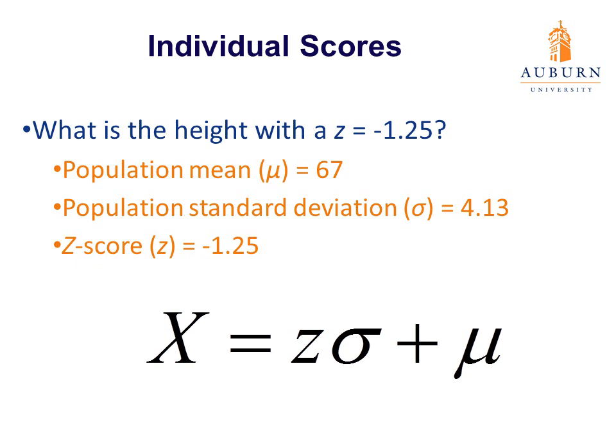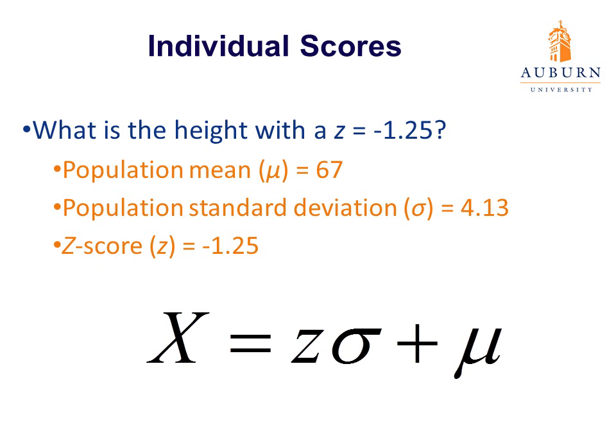So x is the individual height in raw scores, in this case in inches, and it equals z times sigma, so the z-score times the standard deviation. So we'll take negative 1.25 and we'll multiply it by 4.13. And we'll end up with negative 5.16 inches.